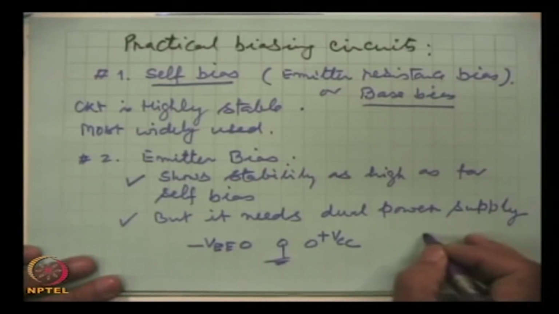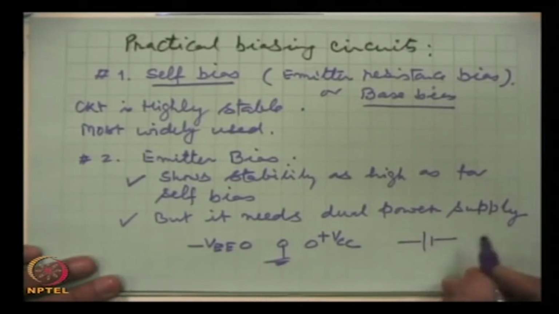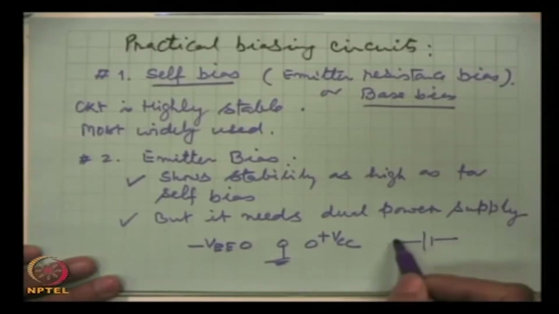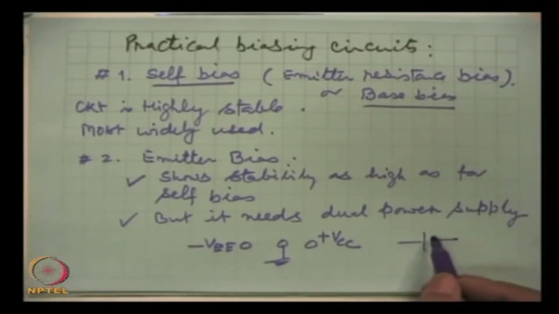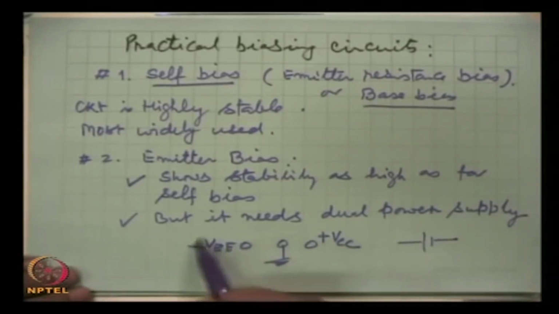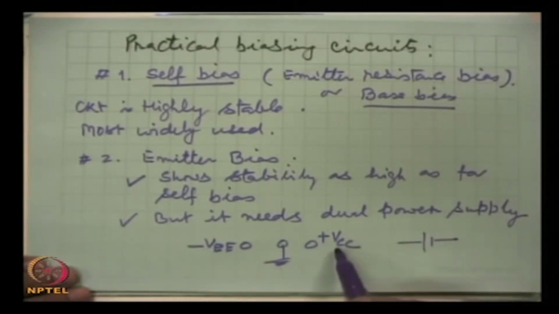If we take a single battery and connect this point and this point, then this is only one battery. This may give either a negative voltage or a positive voltage, but both voltages cannot be obtained from a single battery. Of course, we can design to provide two voltages with respect to ground. So, this is called dual power supply.